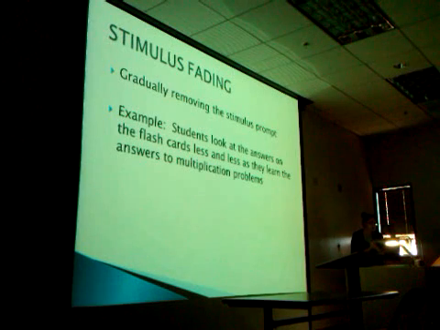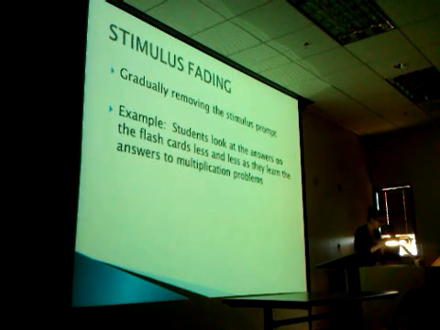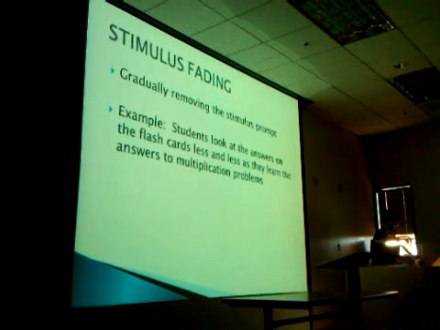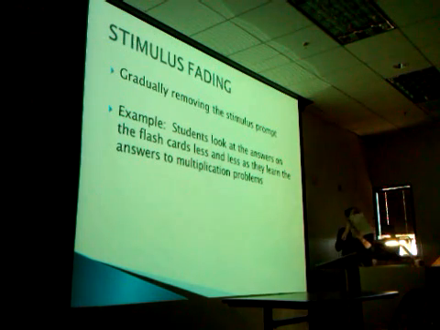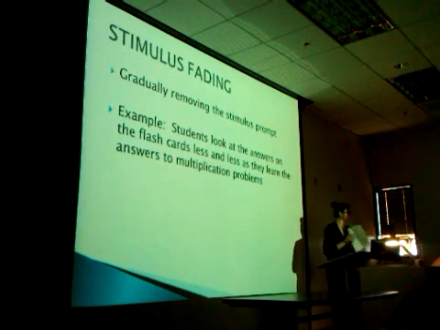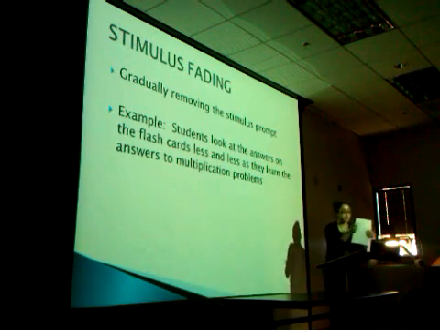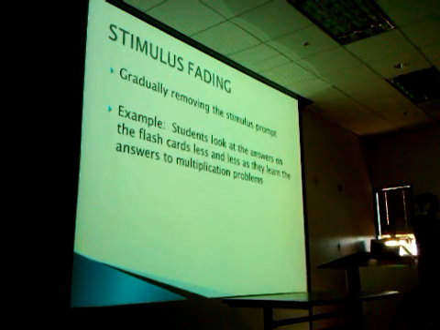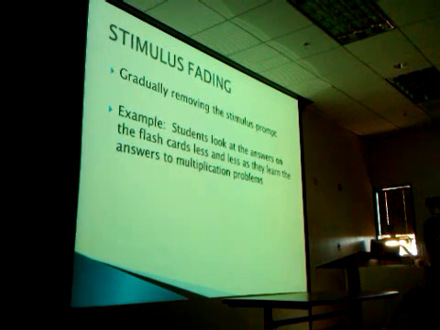Next, stimulus fading. This would be used if you're using your within-stimulus prompt. So I have my big circle and my little circle, and I'm trying to teach them to identify the big circle.